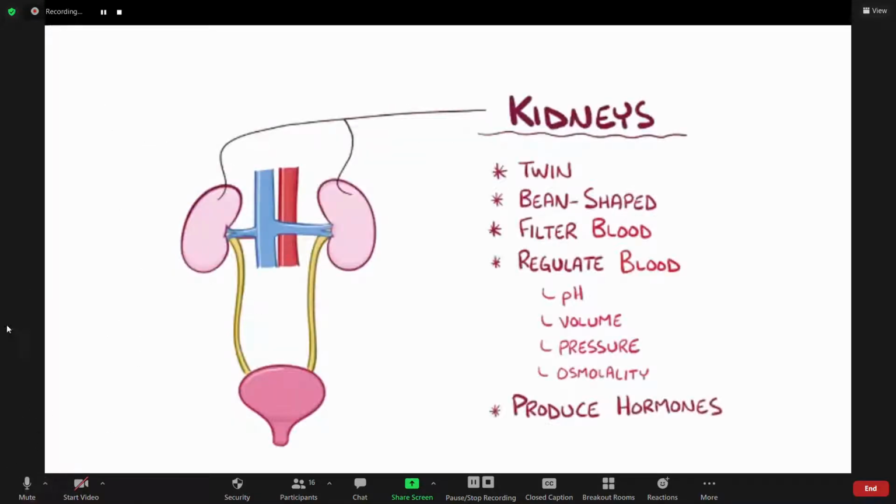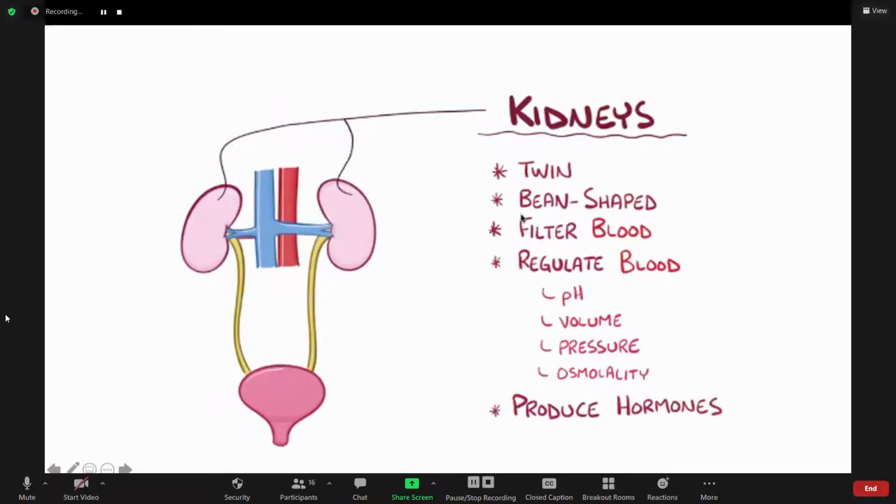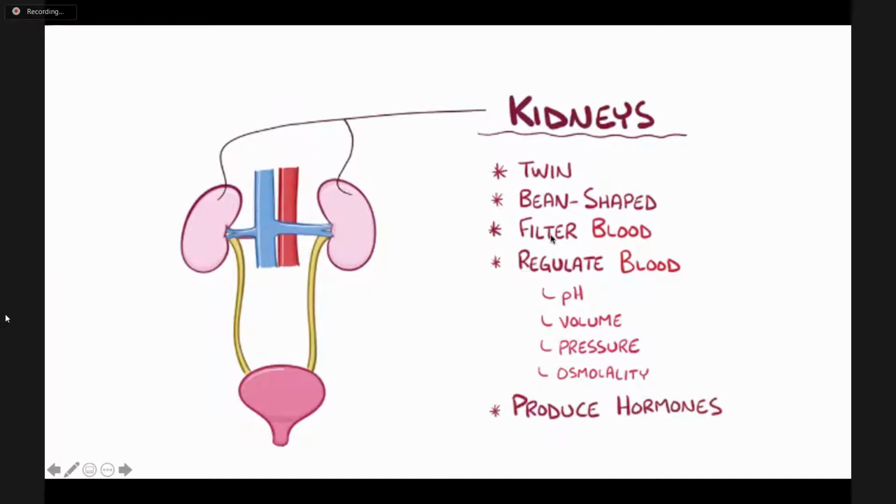Okay, now I make it simple for you. So looking at the kidney, Alhamdulillah, everyone is blessed with two kidneys. It's a twin organ, bean shape. Ni takkan lupa ni, surgeon mesti ingat kan. So the main function is to filter blood. The other function is to regulate. Okay, this one is 2 marks, 1, 1, 1, 1. So it becomes 10. So if you elaborate, it can become 25 for your essay.